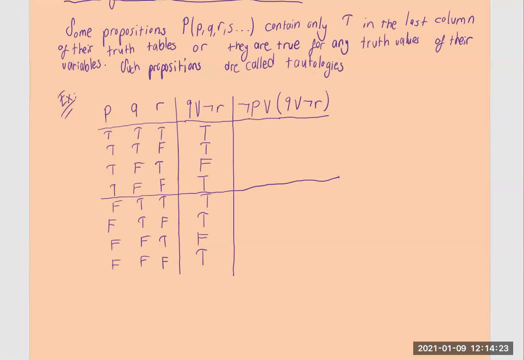Right? True, true, false, true, true, true, false, true. So I have to correct here also. So this is not enough. P is not enough. And false, true, false, true, false, true. So I can do like that.